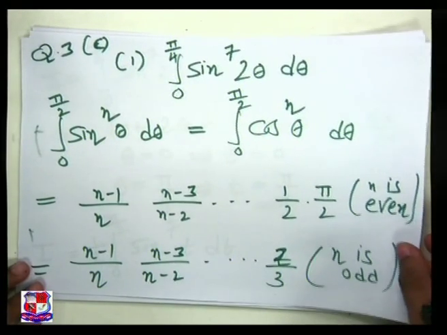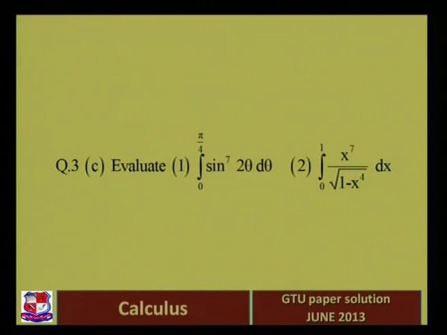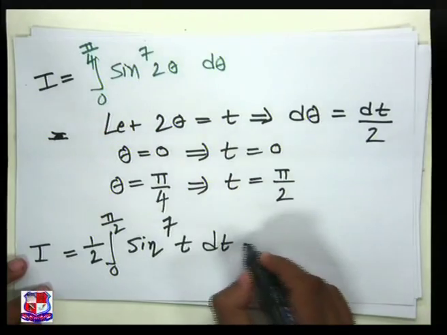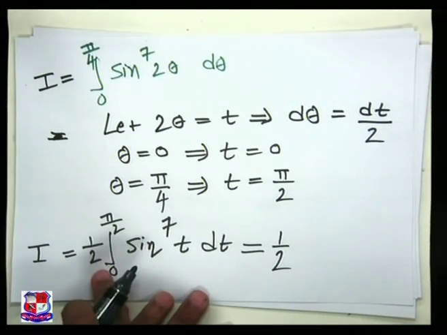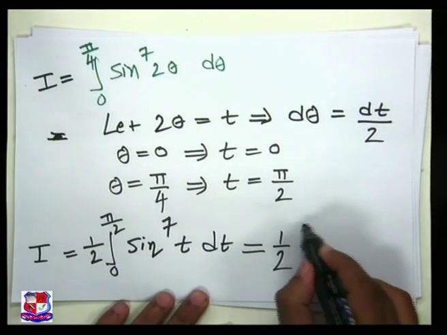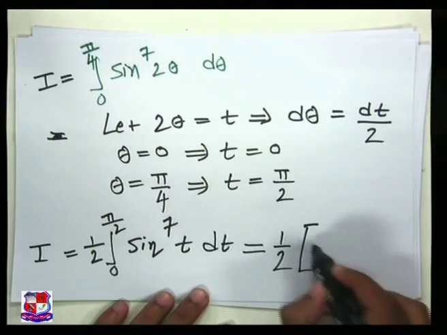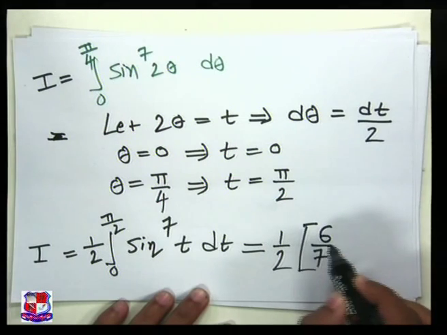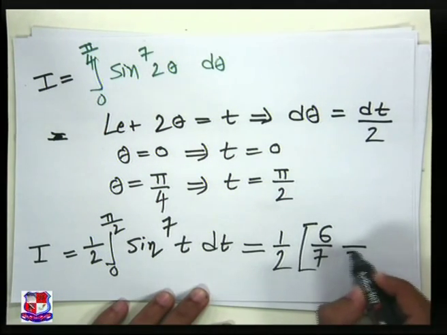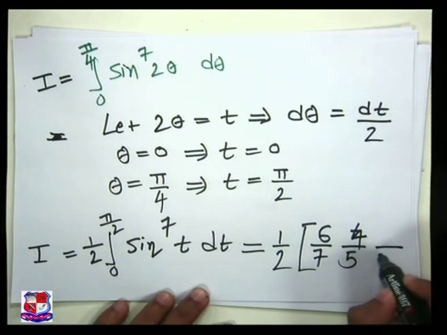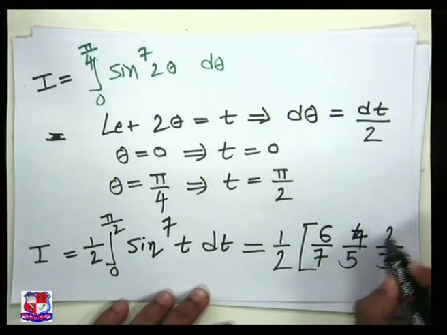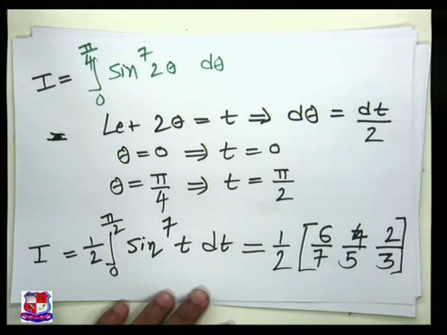So this is equal to 1 by 2, as it is, into 6, 5, 4, 3 and 2 upon 7, 6, 5, 4, 3 and 2, right?